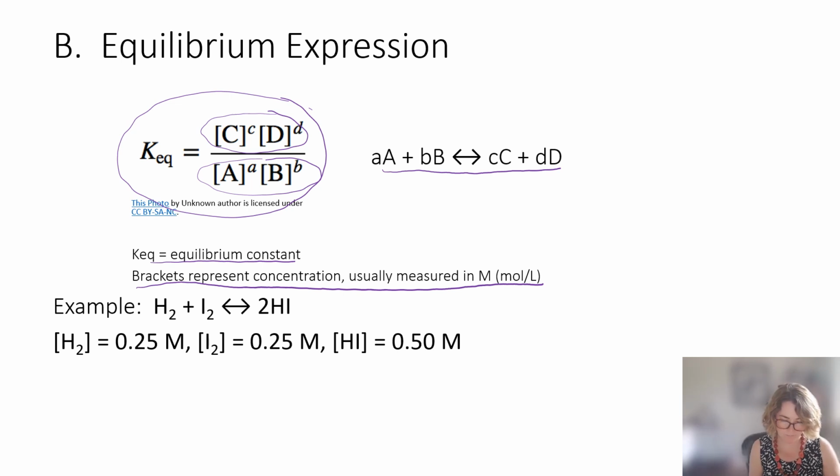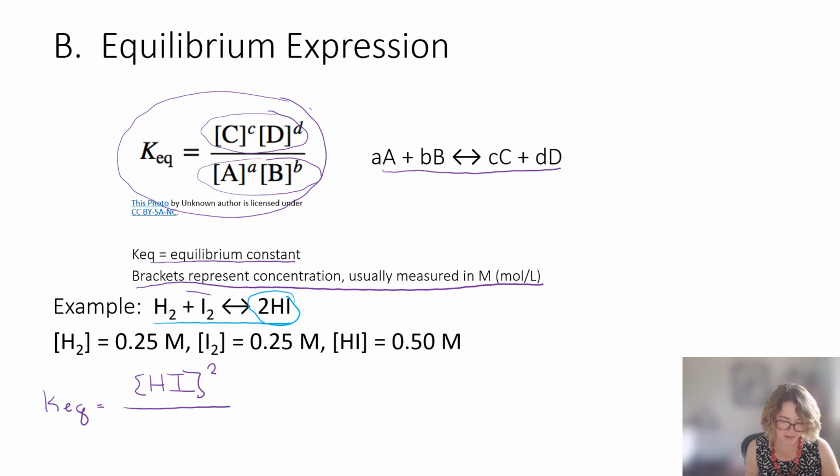All right, so KEQ is going to be equal to, now I've got my reaction right here, and my product is HI, and the coefficient is 2. So I'm going to put the concentration of HI in the numerator and square that since my coefficient is 2.